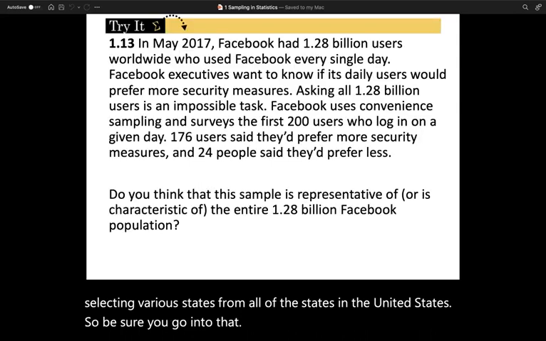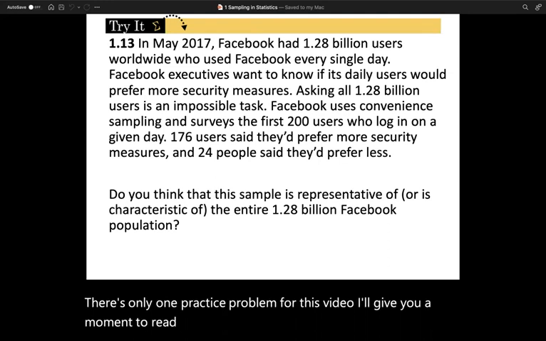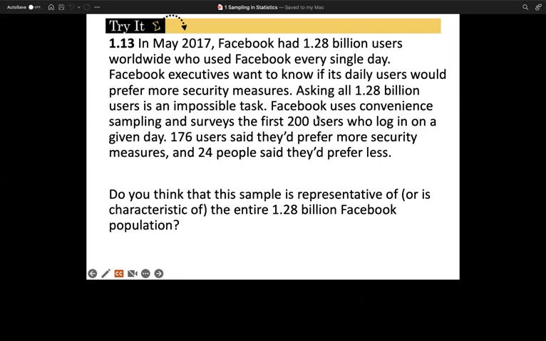Now, there's only one practice problem for this video. I'll give you a moment to read it. So clearly, we're not going to ask 1.28 billion Facebook users a question.